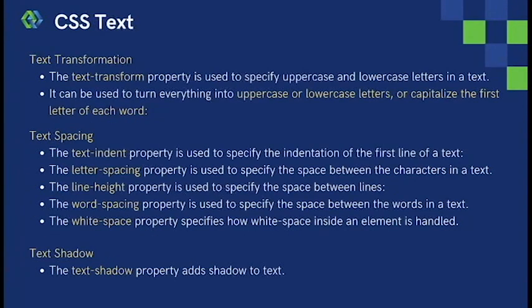And then we have the text transformation. Text transformation property is used to specify uppercase and lowercase. Text spacing. So imong indent, spacing, height, and this word spacing, the white space. And then you have also the text shadow.